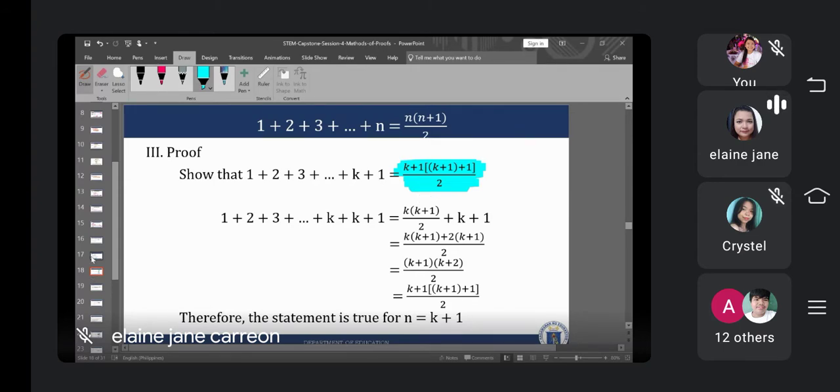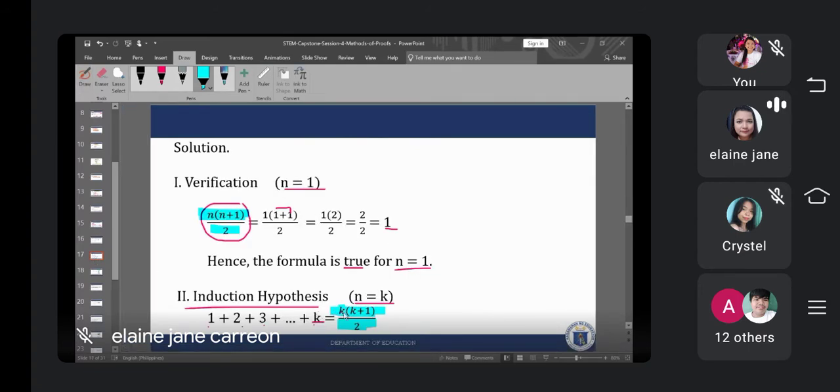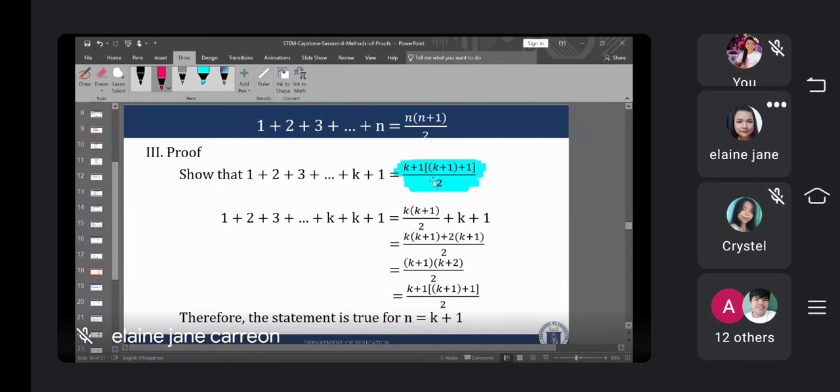Pagsasamahin natin yung una, yung hinighlight ko dito. Yung ginawa natin dito, the stage 2, n is equal to k times the quantity k plus 1 over 2, and this one, the highlight, and we add k plus 1 so that we can have this one. Ito yung target natin na makuha: k plus 1 times the quantity k plus 1 plus 1 over 2.